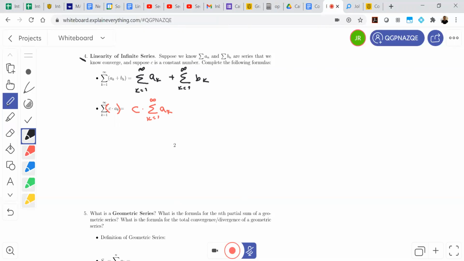I want to point out that these should feel a little bit intuitive, in the sense that what we have up here at the top is nothing more than breaking up across addition. This is loosely similar to rearranging across addition.